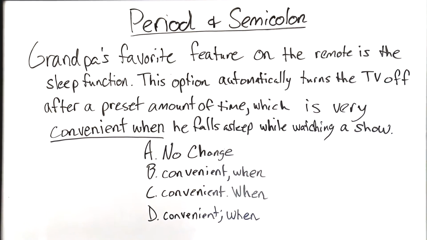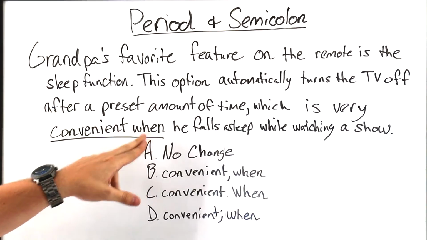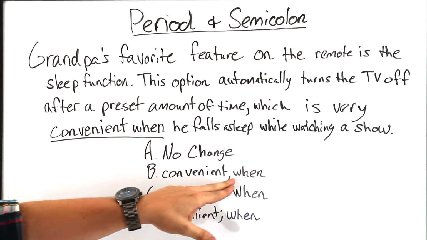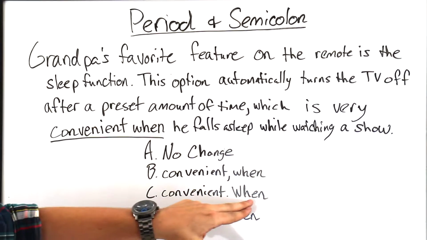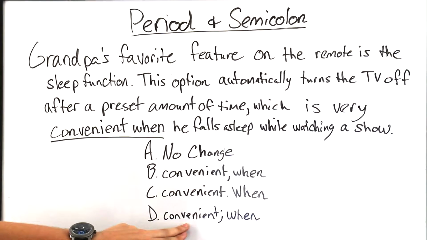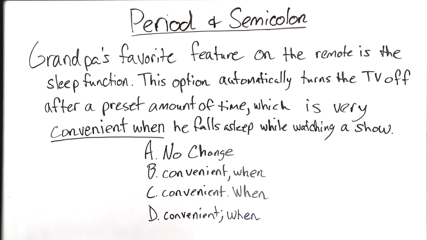For each of the answer choices, we have: convenient, no punctuation, when; convenient, comma, when; convenient, period, when; and convenient, semicolon, when. Now, I just finished telling you that a semicolon and a period function in the same way.